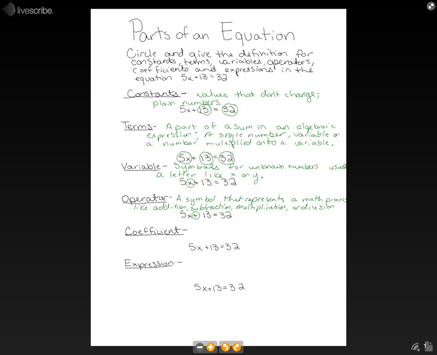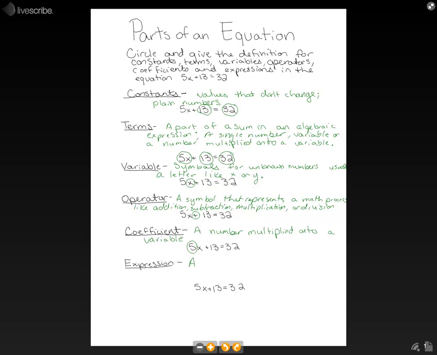Next, we have coefficients. Coefficients are a number multiplied onto a variable. So in this equation, our 5 would be our coefficient. And lastly, we have expressions.